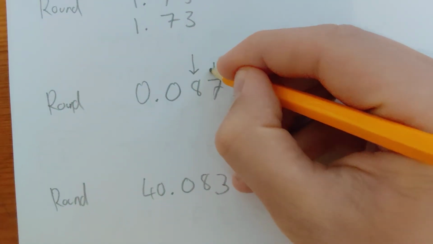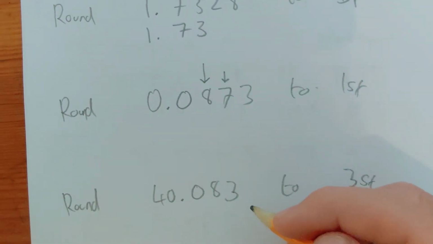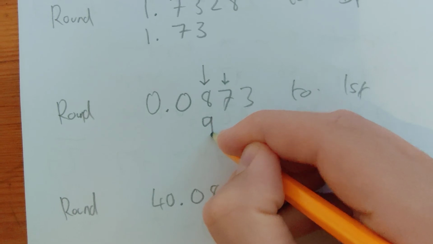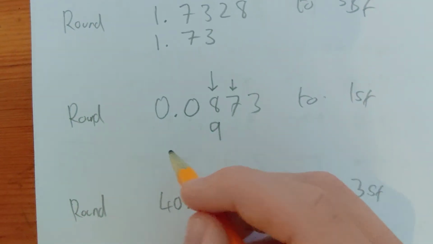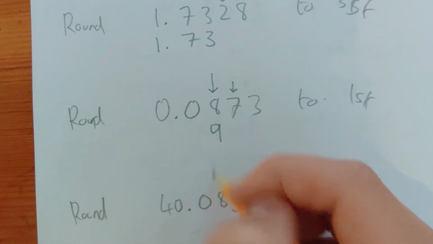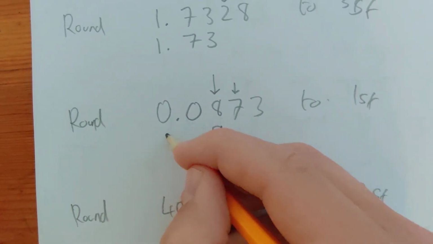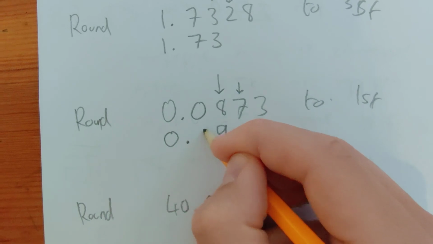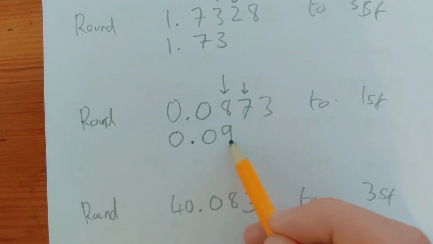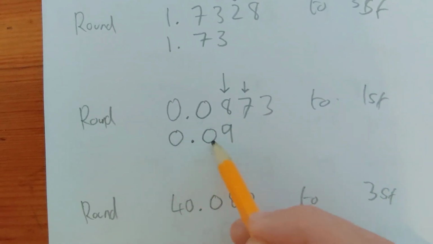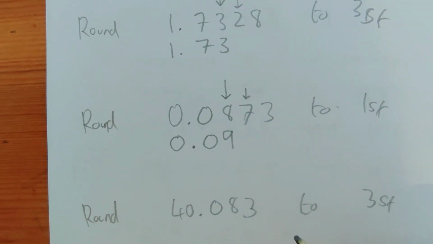The decider is the 7. That means that the 8 is going to round up to a 9. I still need to write these figures even though they're not significant because they show what the value of the 9 is. Otherwise that 9 on its own might look like 9 units. It's not, it's 9 hundredths, so I have to write these two figures that aren't significant. And there is its one significant figure, 0.09. There's my one significant figure.